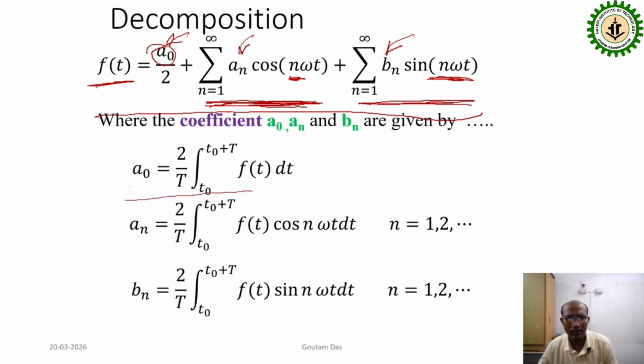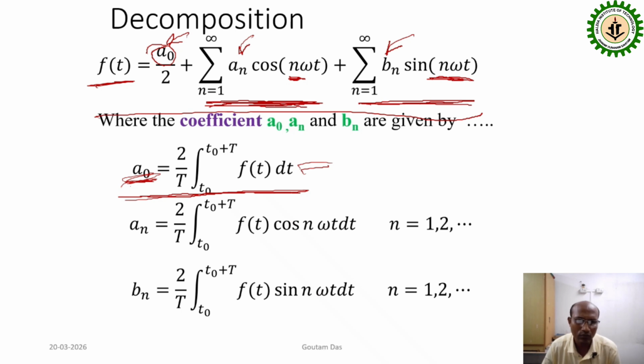By using these equations, we are able to determine the component values. The DC component is obtained when the function is integrated as 2 by T, 0 to T, f of t dt. By integrating that, the value you get is the DC component, which is represented by the a0 coefficient.